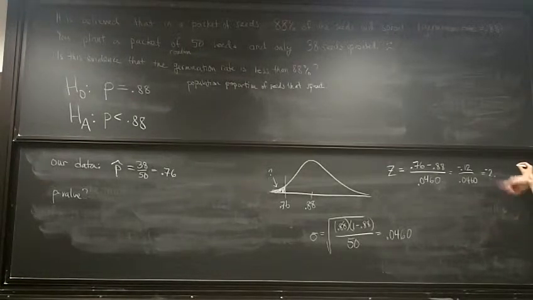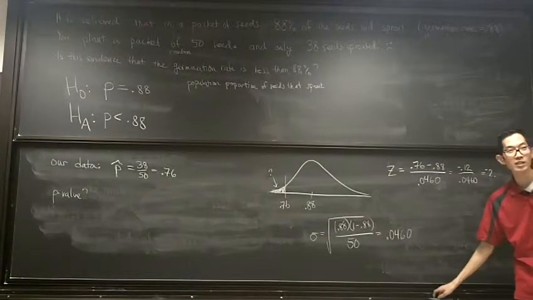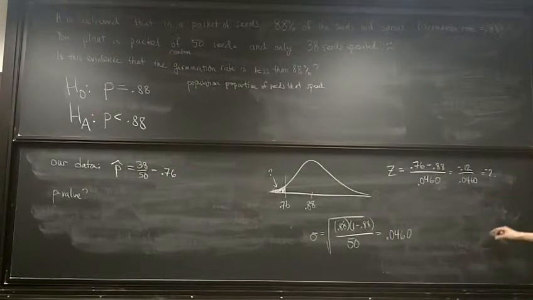What do we get? Negative 2.61. That sounds correct.